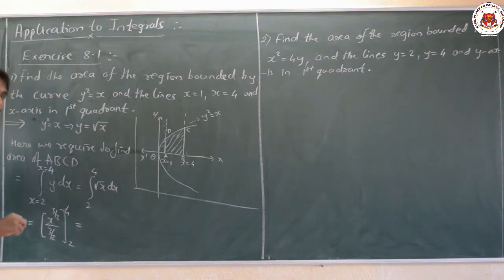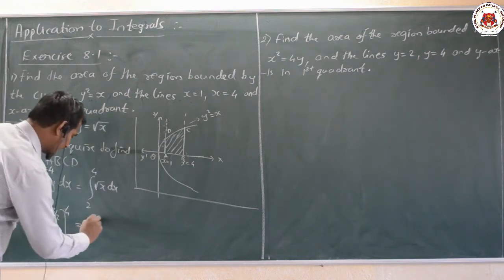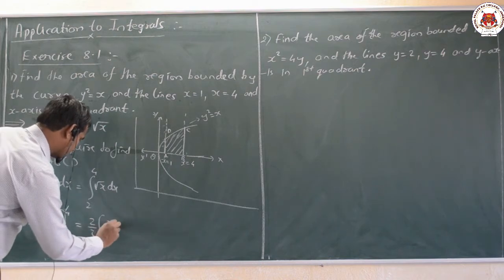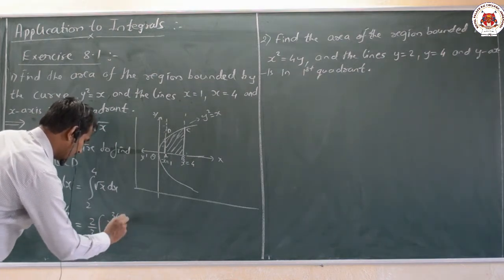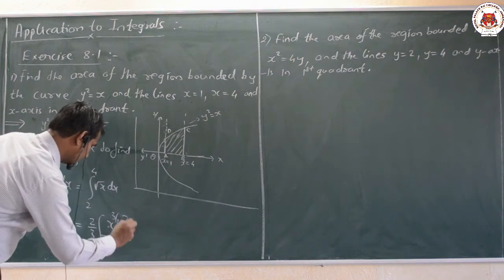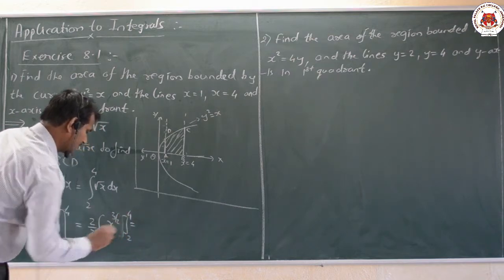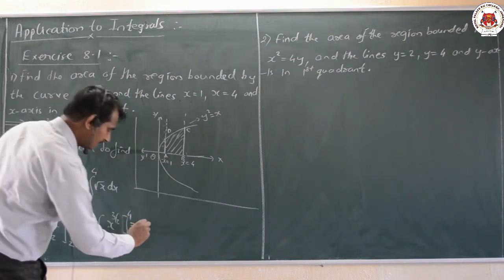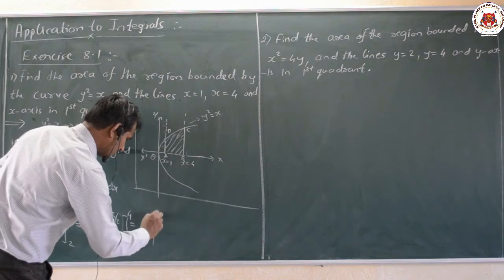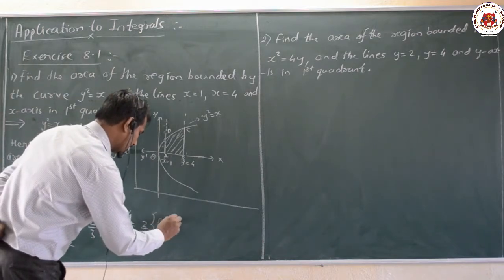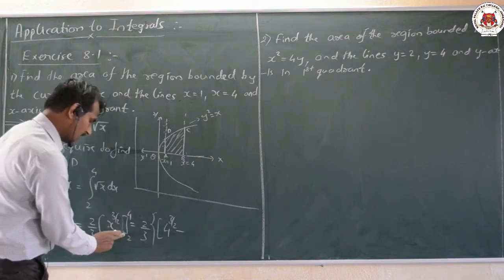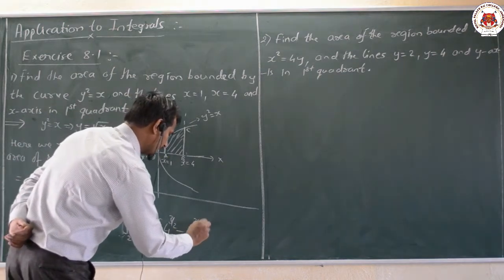Now, substitute the upper limit minus the lower limit. That is 2 by 3 times x to the power of 3 by 2, between the limits 2 to 4, which is equal to 2 by 3 times the upper limit value 4 to the power of 3 by 2, minus the lower limit value 2 to the power of 3 by 2.